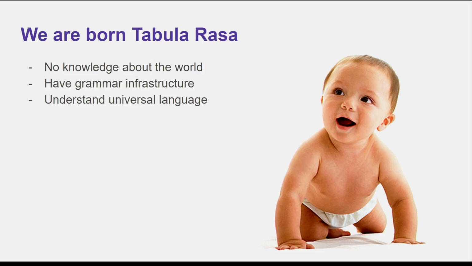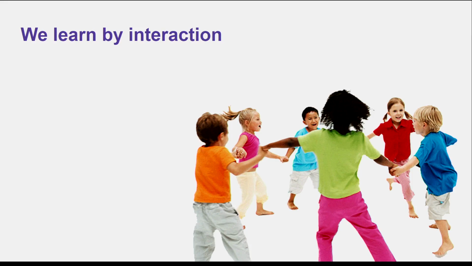And we understand something that we can view as a universal language. We understand that hugging is love, yelling is anger. And if we want to communicate more sophisticated ideas, we need to point and draw and stuff like this. So it's a very expensive language in some sense. But it's universal. And then with time, we interact with each other and learn the language.